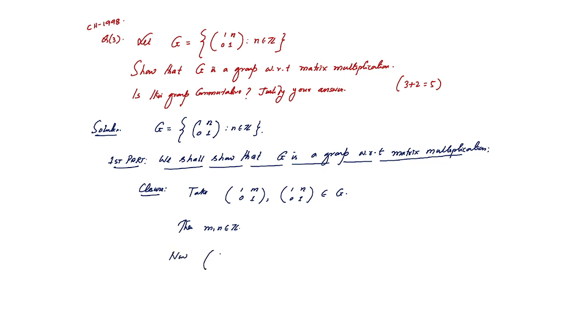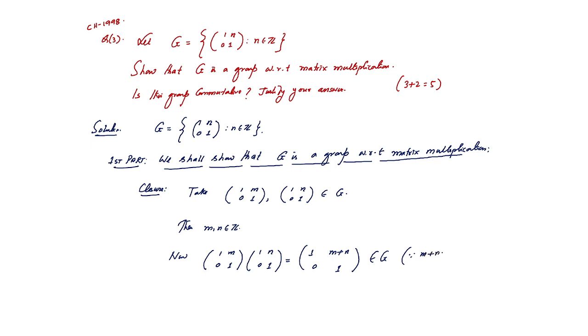Now if we multiply these two matrices [[1, m],[0, 1]] and [[1, n],[0, 1]], that multiplication will be [[1, m+n],[0, 1]], and that also belongs to G. Why?